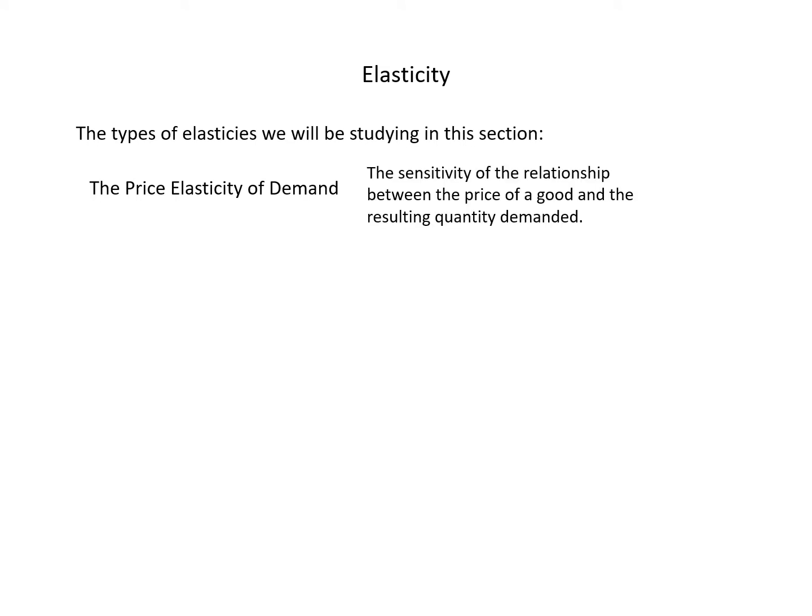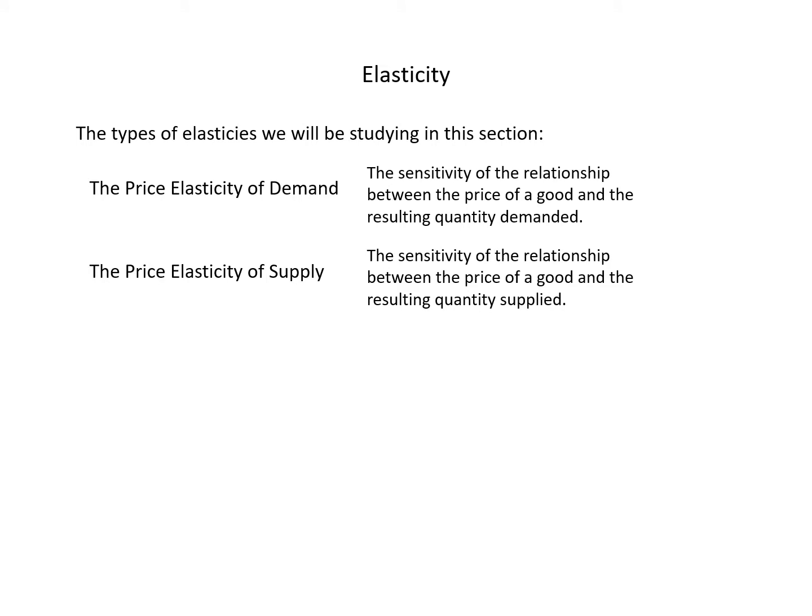The types of elasticities we'll be studying in this module are the price elasticity of demand. This, of course, refers to the relationship between the change in the price of a good and the resulting change in quantity demanded. The price elasticity of supply. This obviously refers to the sensitivity of the relationship between the price of a good and the resulting quantity supplied. The income elasticity of demand.